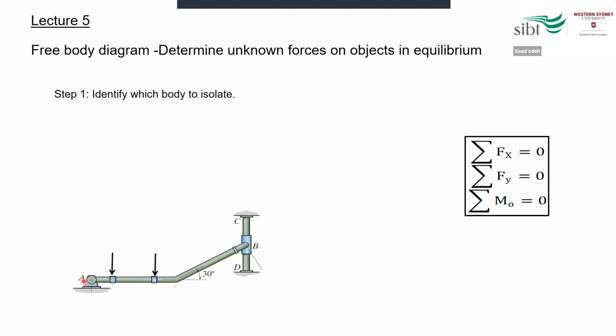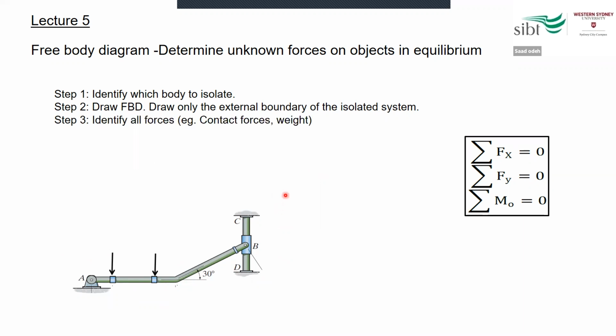For example, in this system here, I want to isolate this bar here. So I just need to highlight this bar. And then second, I need to draw the free body diagram for this part only by drawing only the external forces on this bar.